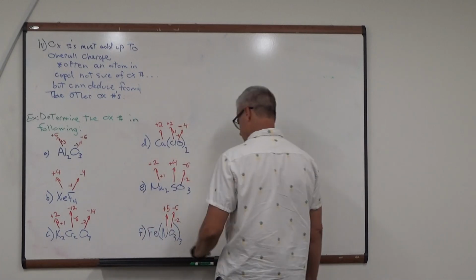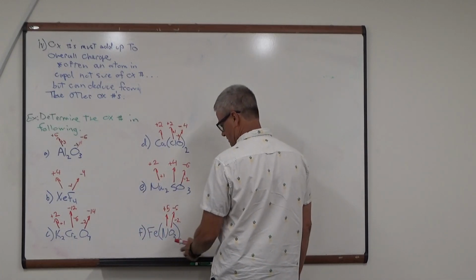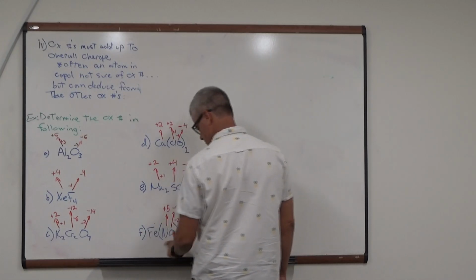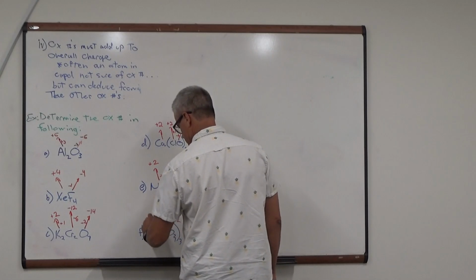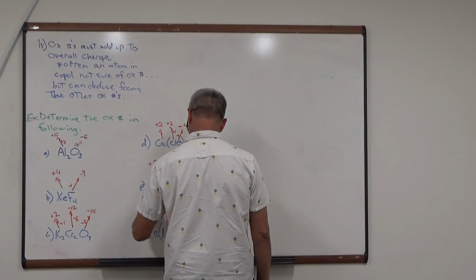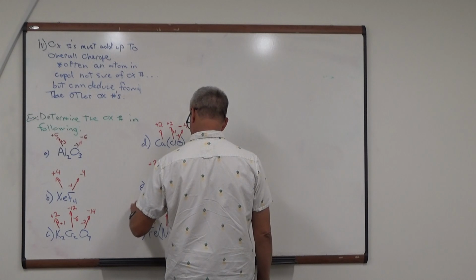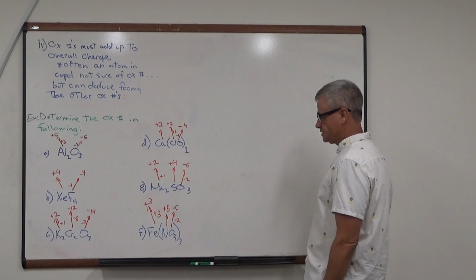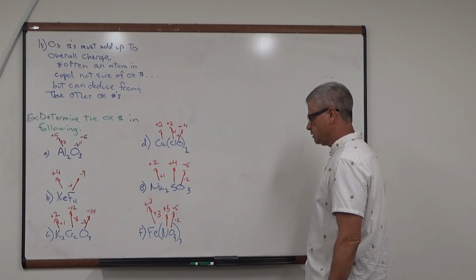And then since this is -1, you know that the charge of the iron has to be +3, because there's 3 of these nitrates. And so the oxidation state of iron is +3 on that one.